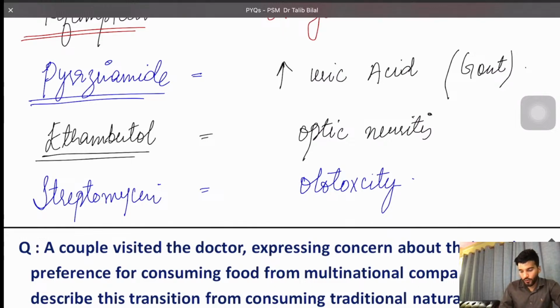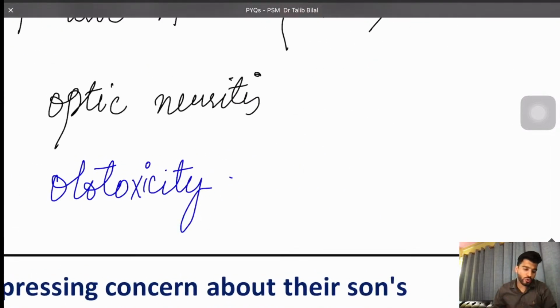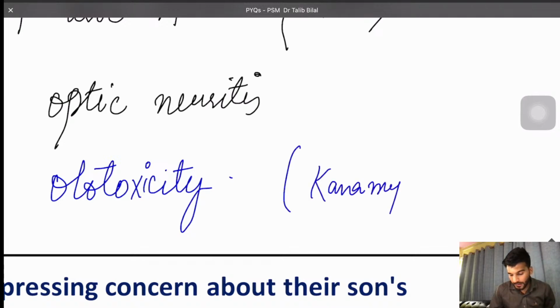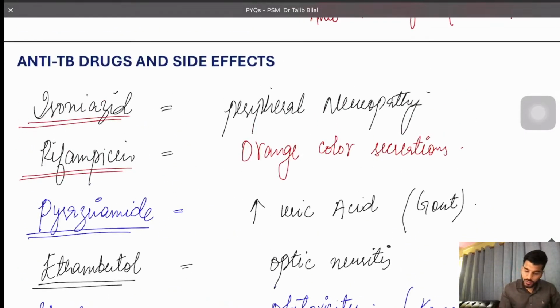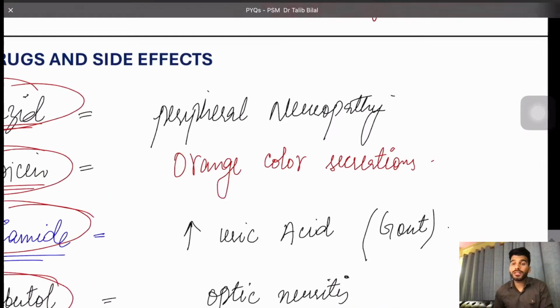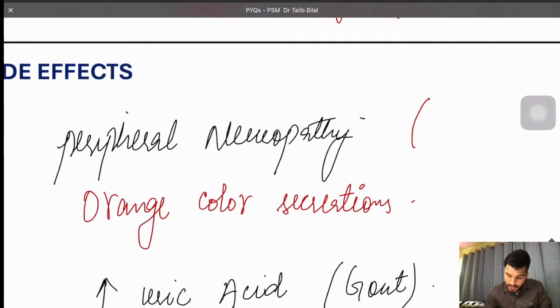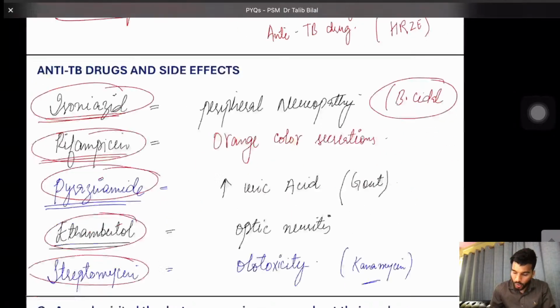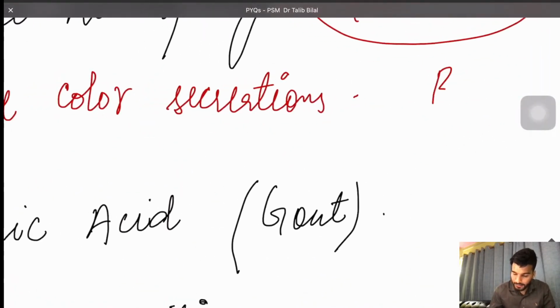Most ototoxic aminoglycoside, if asked, that will be kanamycin. Now about these anti-TB drugs, these are the first line, HRZE. All these drugs are bacteriostatic except one. It is bactericidal. All others are bacteriostatic.